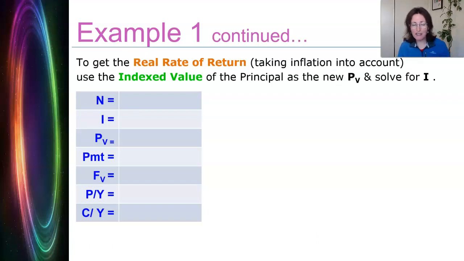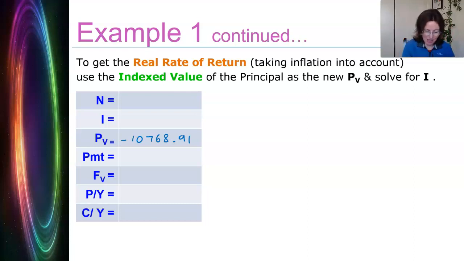So to get the real rate of return, this is step 3 in the process, we need to take that principal value. So let's put that in here. Now that money is going away from her, so we're making that a negative number, which was $10,768.91. What else can we fill out? The future value was what we calculated when we did this table the first time round.